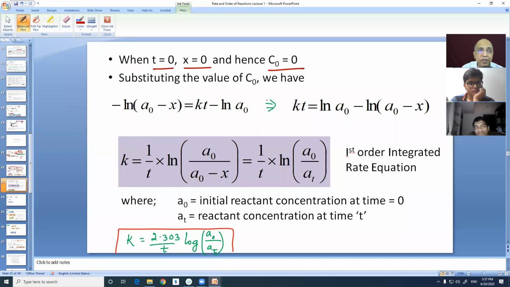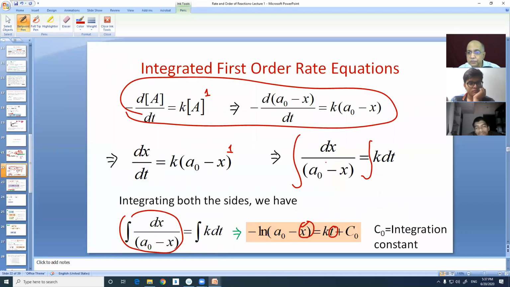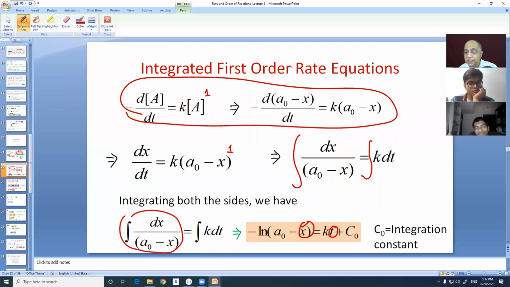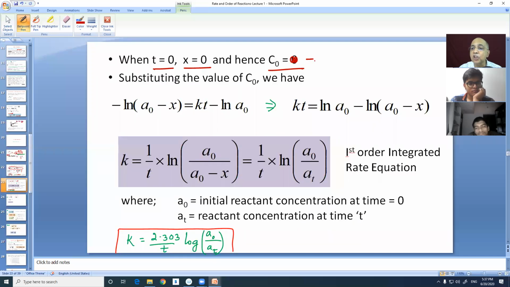I'm sorry, here I will make a correction. I'm so sorry. C0 will be minus ln A0.